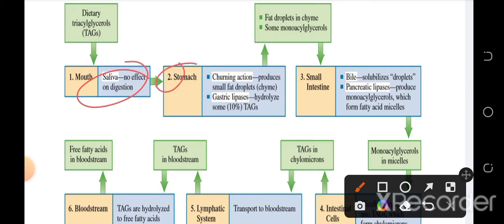So, what happens in the stomach, the churning action will produce small fat droplets, known as the chyme. And of course, in the stomach, meron tayong gastric lipases. These are enzymes that could hydrolyze some of the triacylglycerol, but this is only 10% of them.